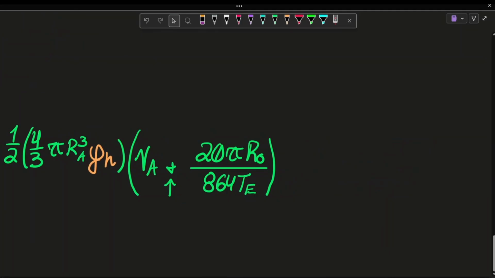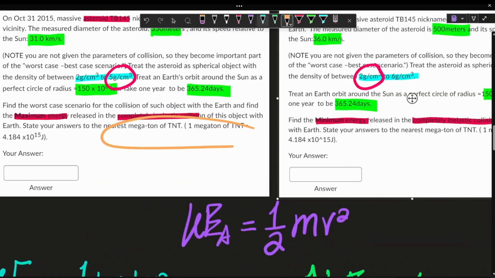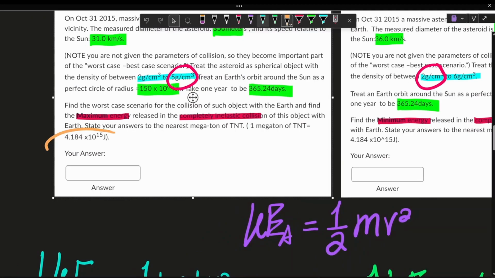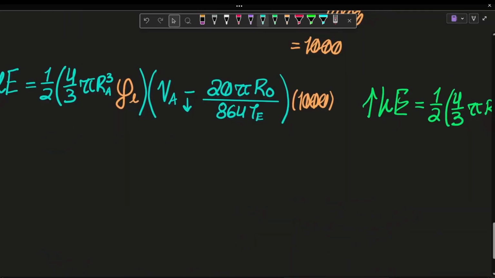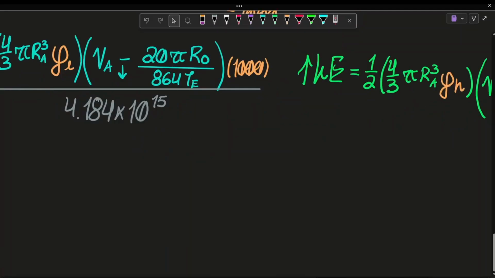And then finally, one last thing. It wants us to state the answer to the nearest megaton, which is the same as 4.184 times 10 to the 15 joules. So we'll do one last conversion here. We will do in gray. This would all be divided by 4.184 times 10 to the 15. And of course, the same goes for the other one.